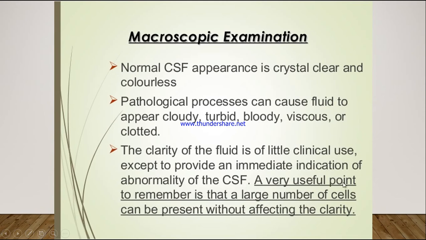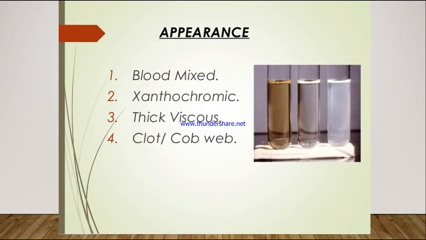A very important point to remember is that a large number of cells can be present without affecting the clarity. So if there are too many lymphocytes or neutrophils, they can be present even if the color of CSF is normal.